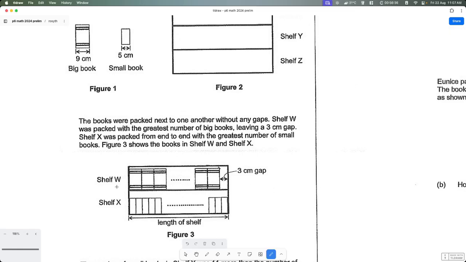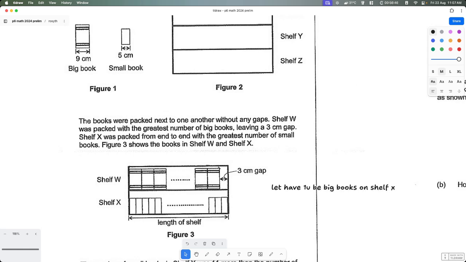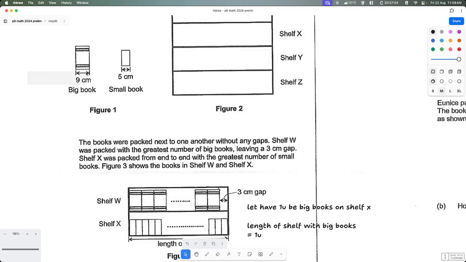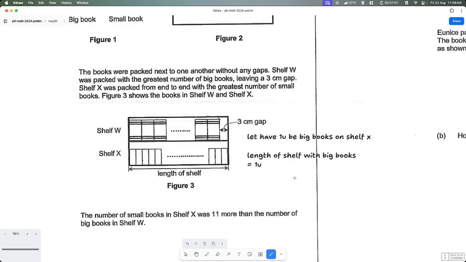So we know that shelf W has big books over here. So let's have one unit be the number of big books on shelf W. The length of the shelf with big books is equal to 1 unit times 9, since the big book is 9 centimeters, plus we have a gap of 3 centimeters as well.